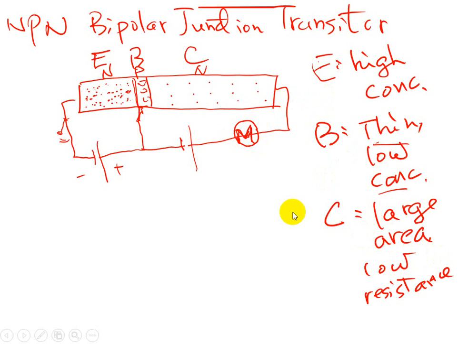So for the operation of a bipolar junction transistor, let's look at the left-hand side, the forward bias over here, and this is reverse bias. When it is a reverse bias, that means you don't expect the motor to turn on.